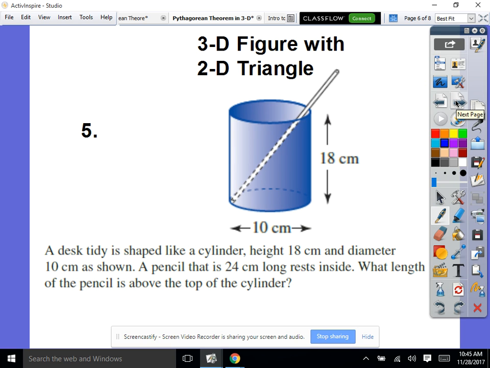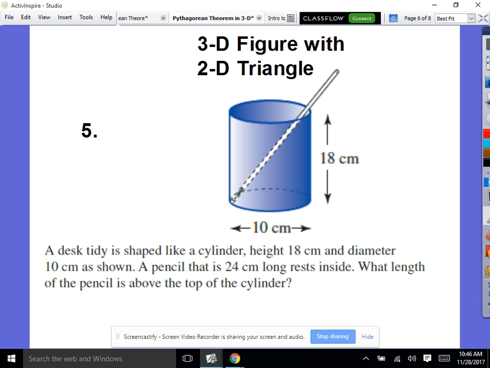All right, here we have a 3D figure, but it's got a 2D triangle that we are dealing with. So here we have a straw, it's like a cylinder, but it comes straight across and then it goes up the side. So that forms our right triangle. All right, so we have a height of 18 and a base or width of 10.